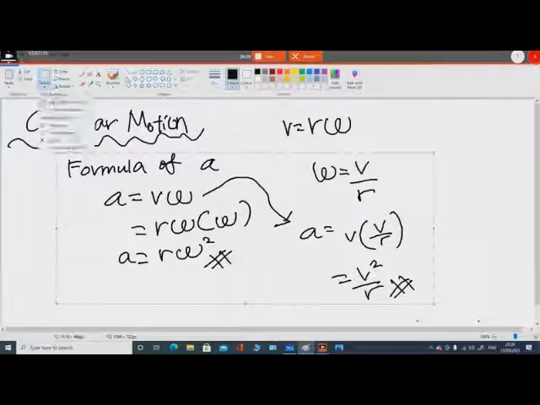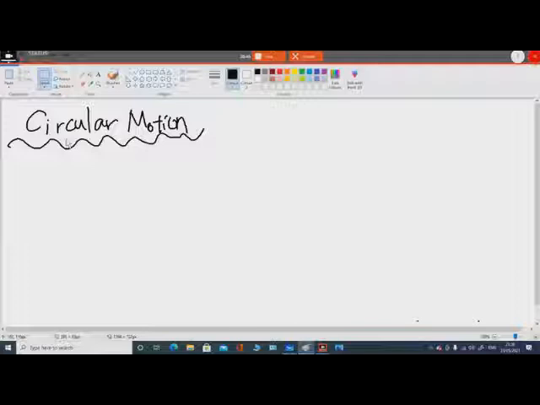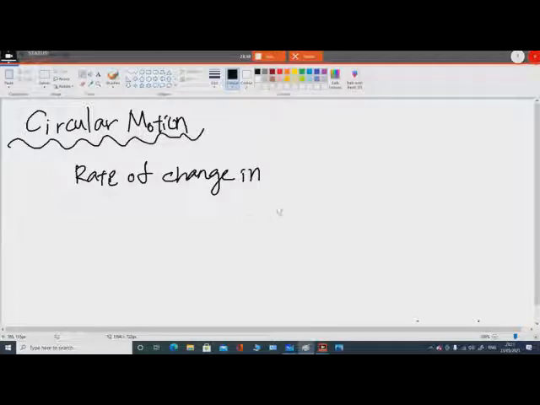So let's proceed to the next part. The acceleration is actually defined as the rate of change in velocity.